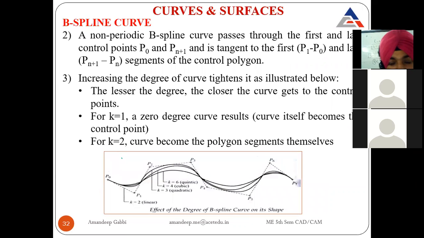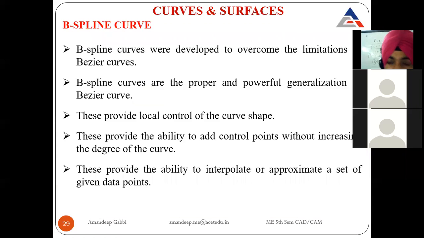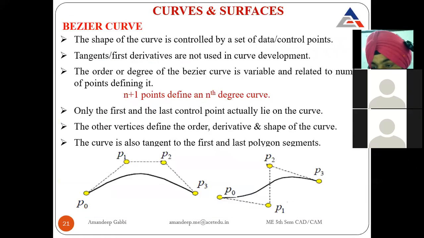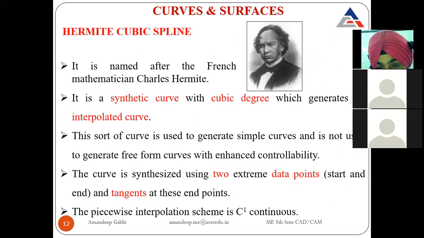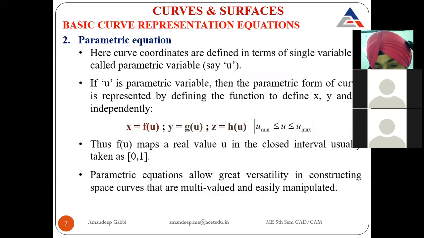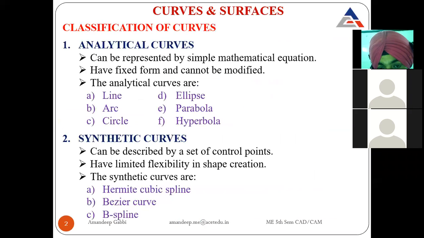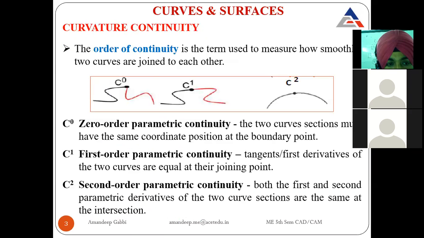Right? This is a B-spline curve. We are going to discuss these curves in the next steps. We have started with this, so be patient and keep on asking me questions. Then only you can understand what is a synthetic curve and a B-spline curve.